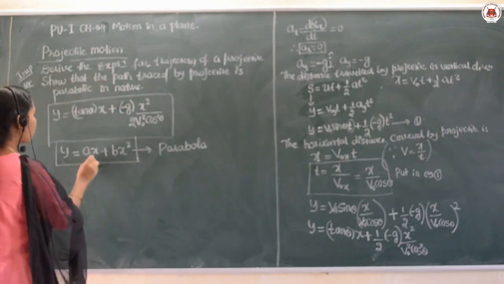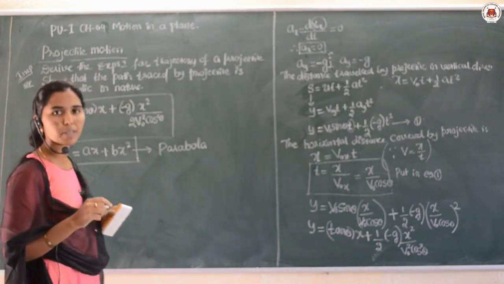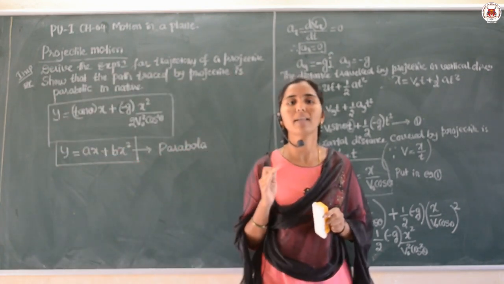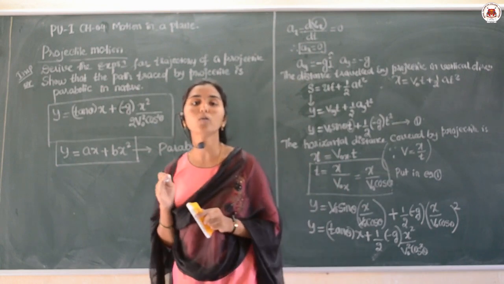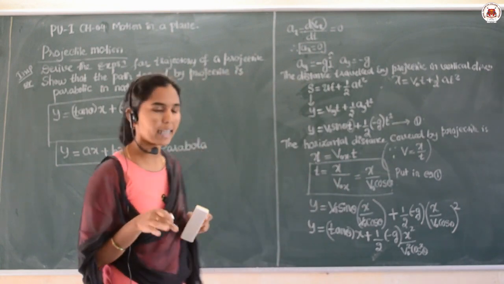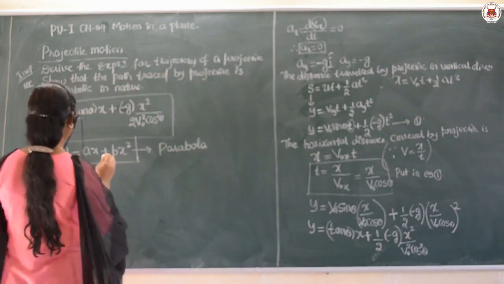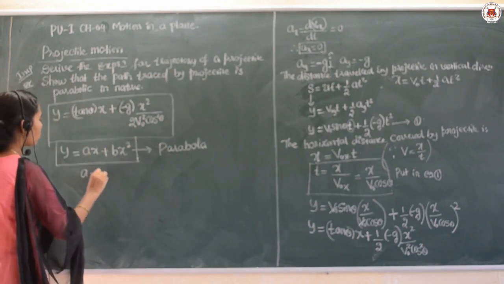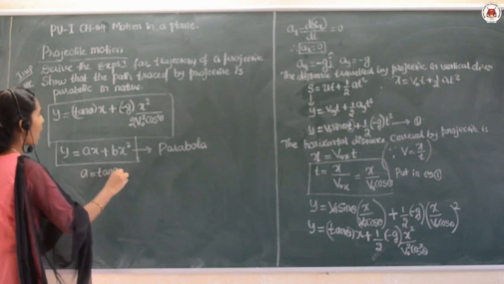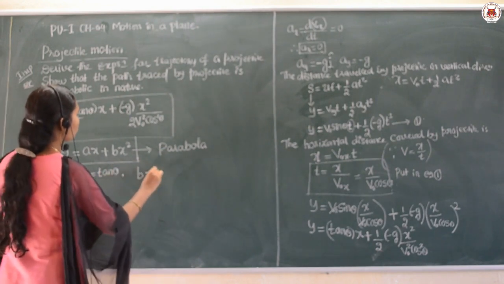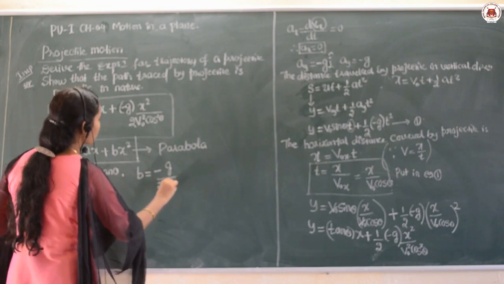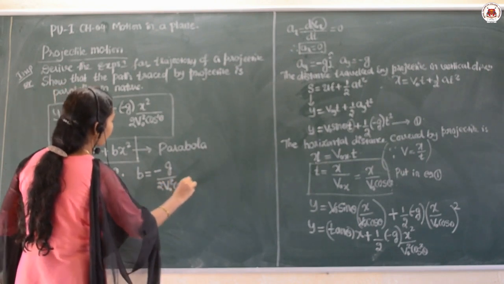Therefore, if you compare this with the above expression, the nature of the path traced by the projectile appears to be parabolic in nature. And if this question is asked, then here a will be equal to tan theta, and b will be equal to minus g upon 2 v naught square cos square theta, right?